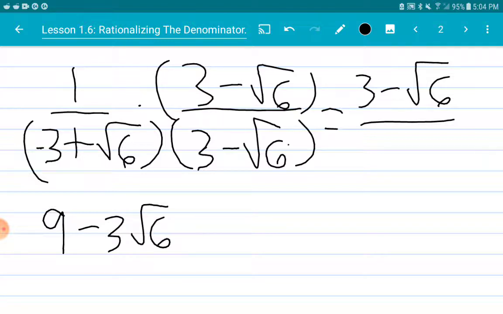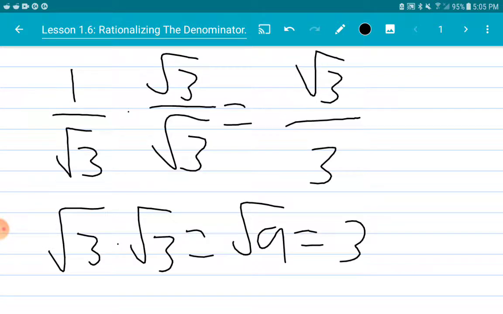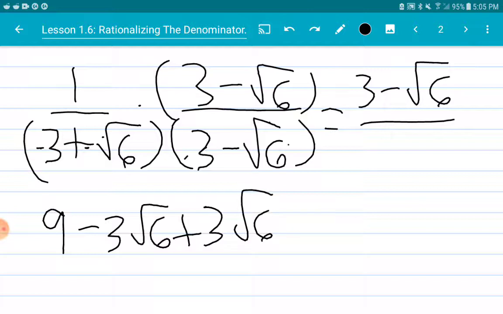Then the inner, which is the square root of 6 and 3, that is plus 3 times the square root of 6. And then the last times the last is minus 6, because the square root of 6 times the square root of 6 is the square root of 36, which is 6.